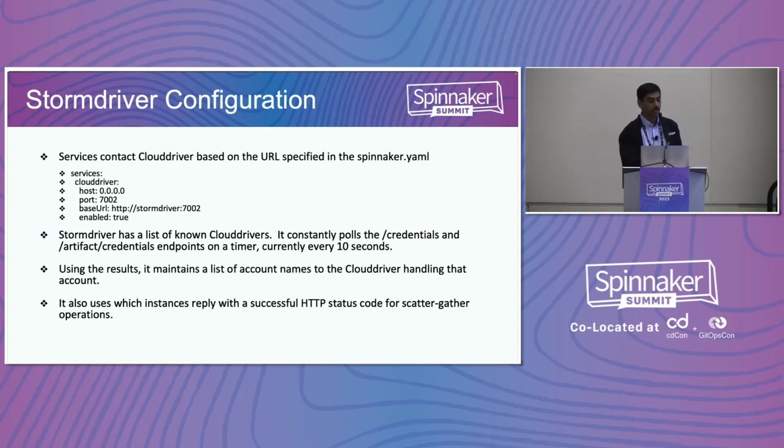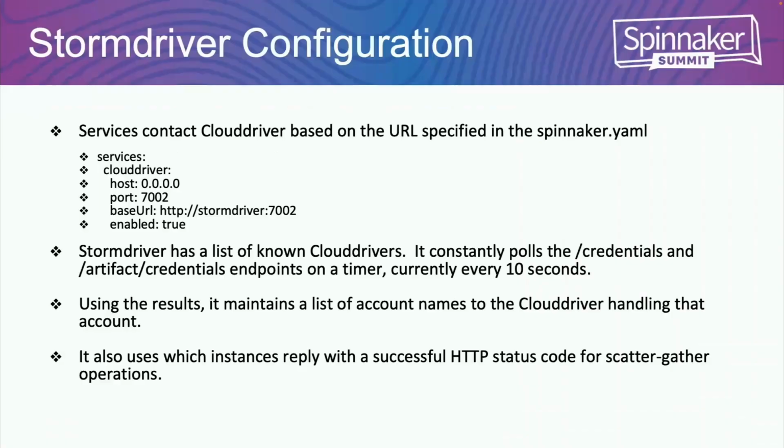So how do we configure Stormdriver? In the Spinnaker YAML, you have the address for the Clouddriver that you reach. Instead of Clouddriver, you specify Stormdriver, and that's it. All the services will think of Stormdriver as the Clouddriver. It connects to different instances and gets the data from them.